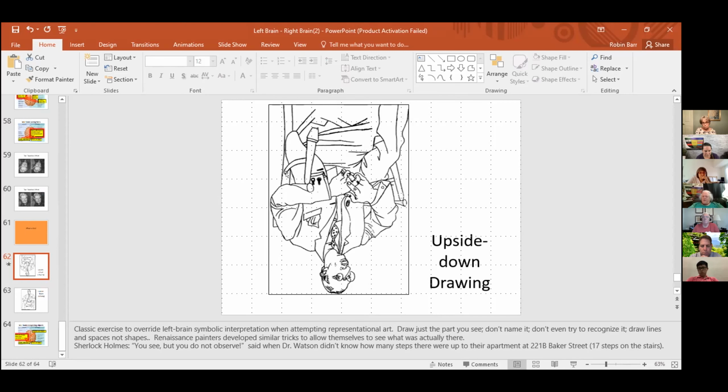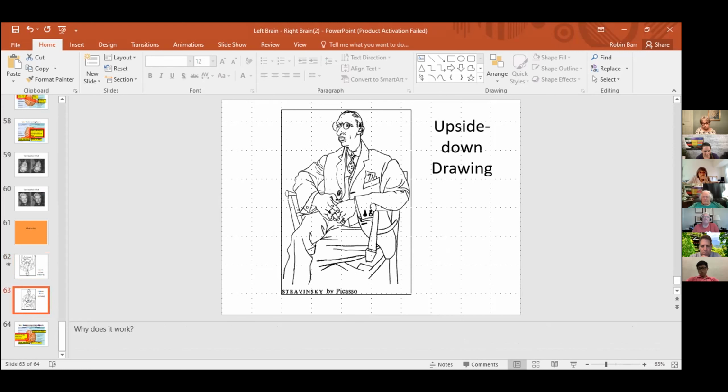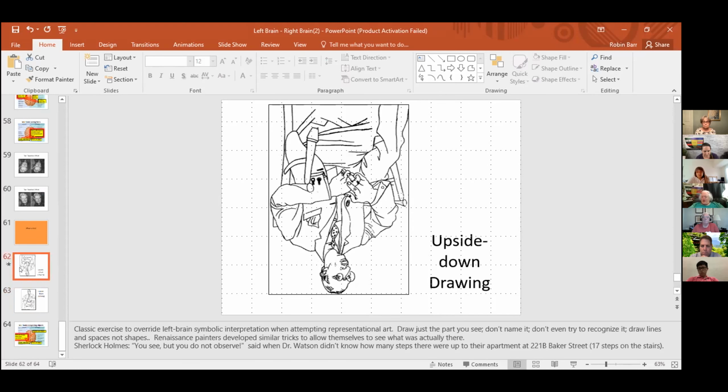And if it's upside down, you don't recognize what it is until maybe you get down to the bottom of the page, and then you turn your picture over and you've done an excellent copy of Picasso's sketch of Stravinsky. Why does this work? Because when you're looking at it upside down, you're not seeing it as a picture of a person. You're just seeing it as lines and shapes.